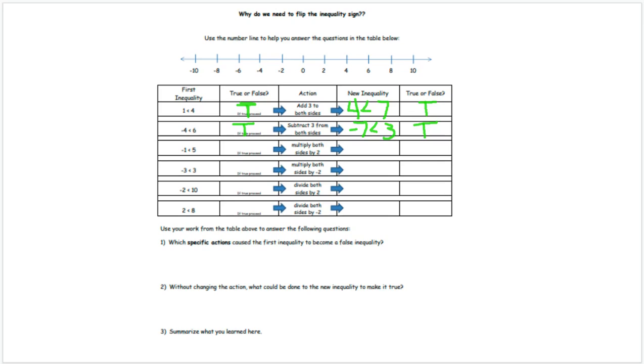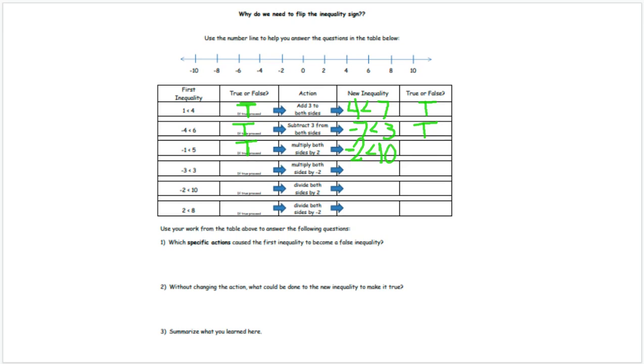Okay, so let's look at the next one. It says -1 is less than 5. Well, I know that -1 is less than 5, so I'm going to mark that as true. Now it says multiply both sides by 2. So -1 times 2 is going to give me -2 is less than 5 times 2, which is 10.